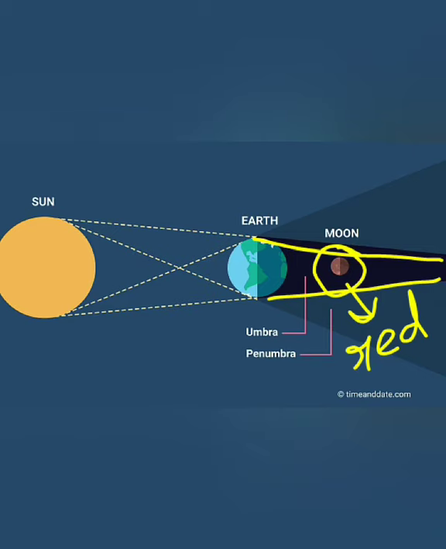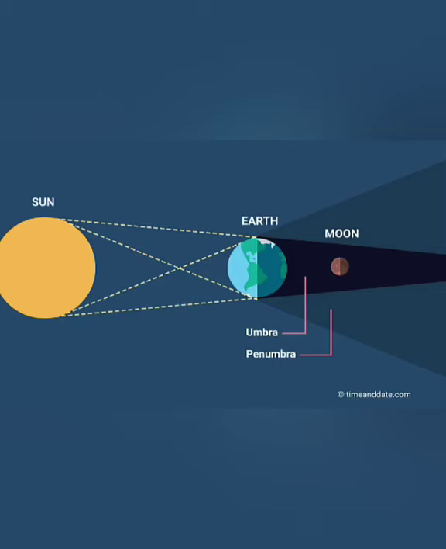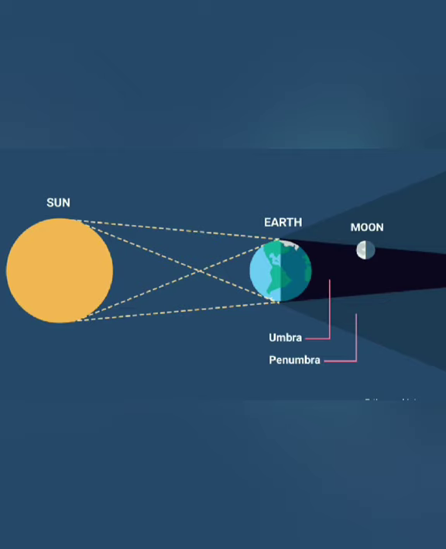As red light has maximum wavelength, so it reaches the moon and makes it appear red. And when the shadow of the earth covers only a portion of the moon, then it is said to be partial lunar eclipse. So in this image you can see partial lunar eclipse.